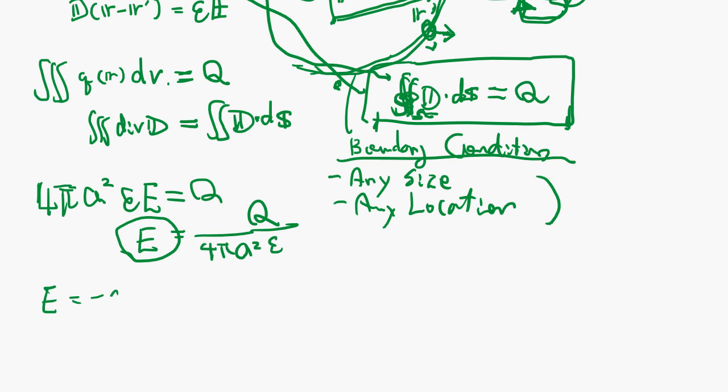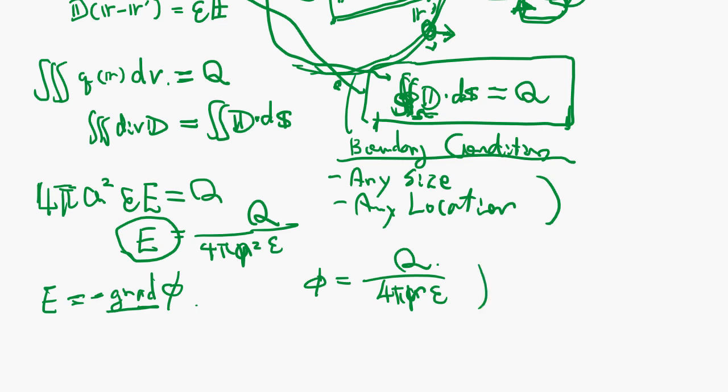This is the gradient of phi. Phi is a potential, right? So phi becomes Q over 4 pi epsilon R, where we make A into R. So this is the potential, and from the potential you can get the electrical field. So everything's cool here.